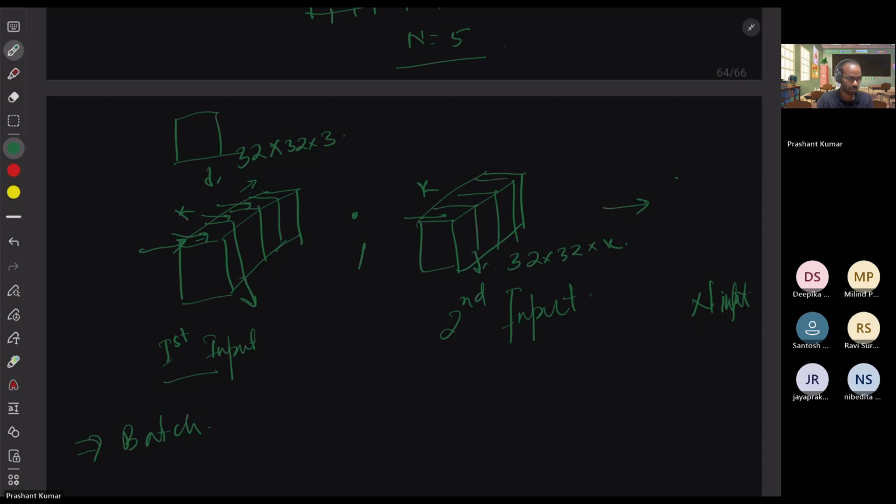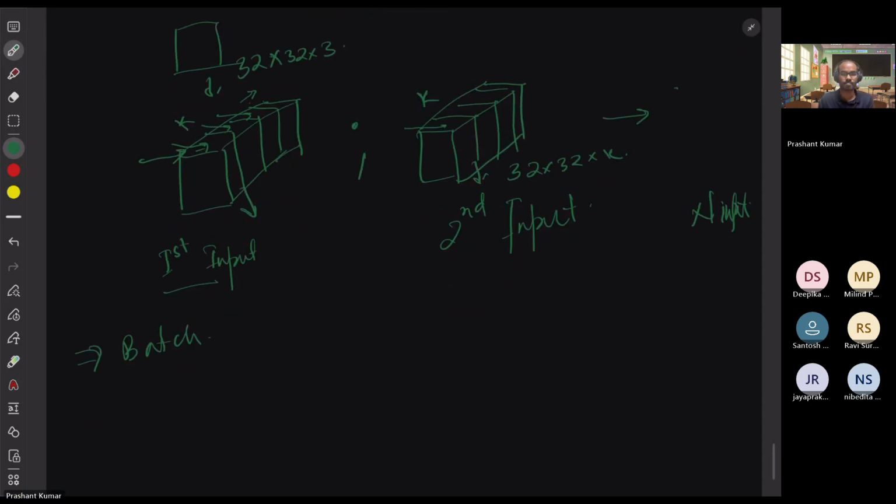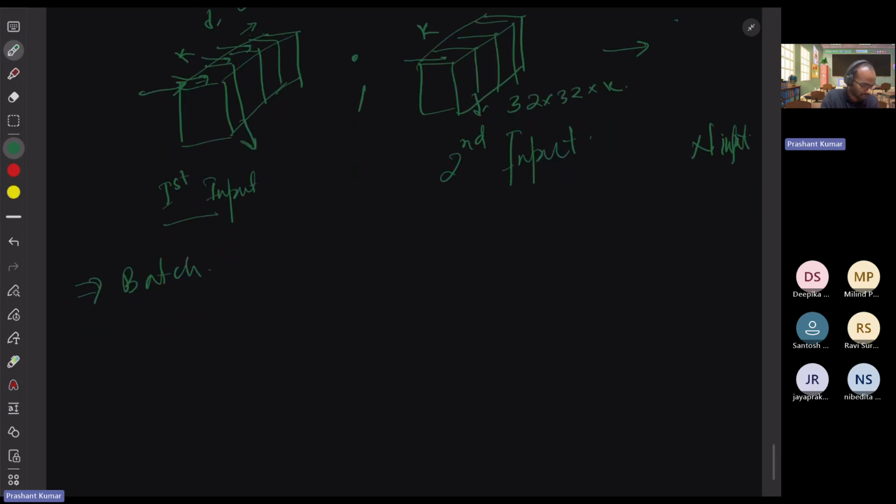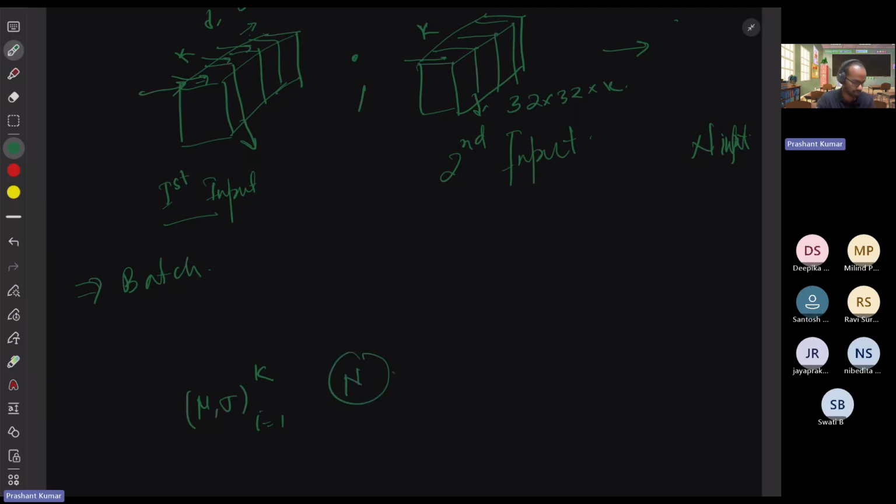So for the batch normalization, I will create the mu and sigma for all the k, for the output I have got from the kernels from all the n inputs I have, right?